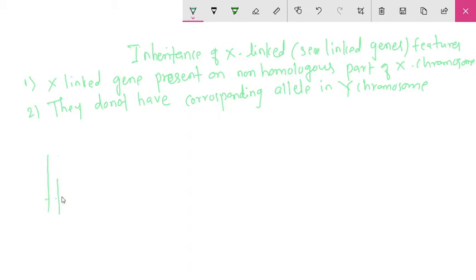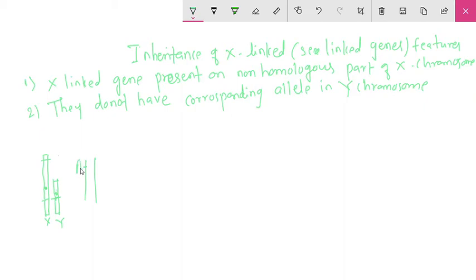This section is the homologous part, but these X-linked genes are present on the non-homologous part, and they do not have the corresponding allele. The corresponding allele means, for example, a gene in the autosome.